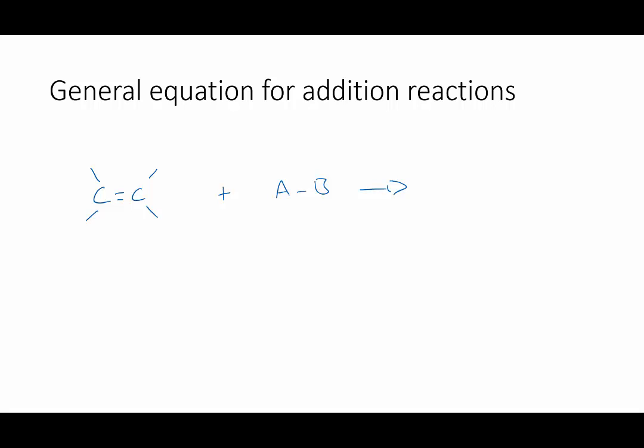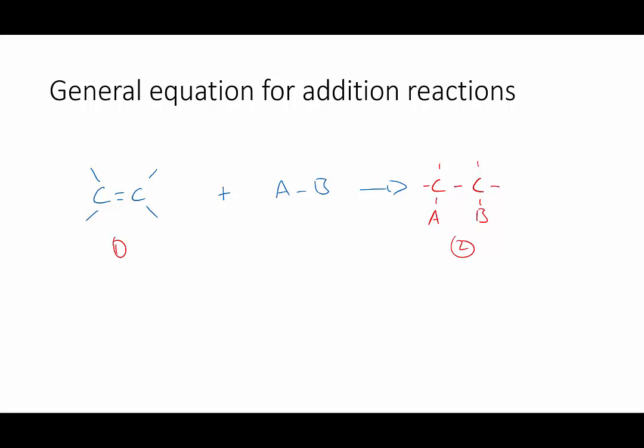The general equation for addition reactions: we start off with an unsaturated molecule, number one, and we form something that's saturated. Essentially, all that happens is this. We form a product, we're breaking the pi bond, so we've only got a single bond there. We've got no more double bonds left, and all we've done is add A and B. So this is number two.